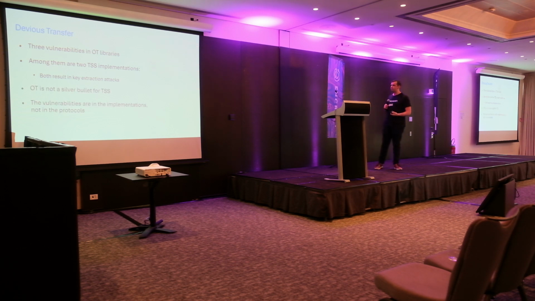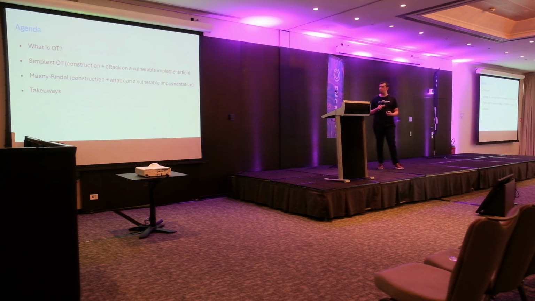So this is all to demonstrate that Oblivious transfer is not a silver bullet for threshold ECDSA, and we want to suggest that more secure implementations and standard implementations are needed for Oblivious transfer in general. And it's also important to say that the vulnerabilities that we found are in specific implementations and it doesn't imply anything about the security of the protocols that they implement.